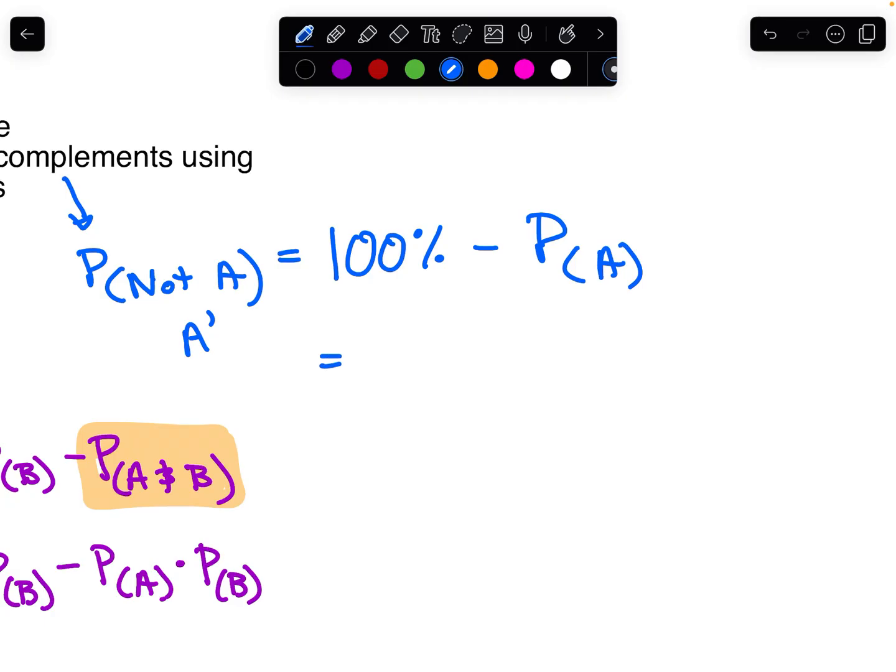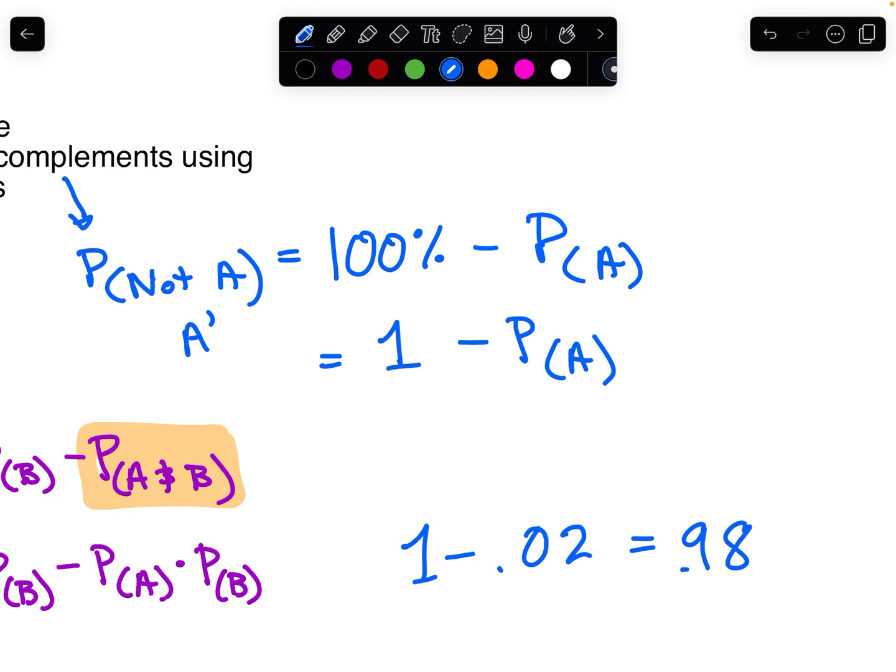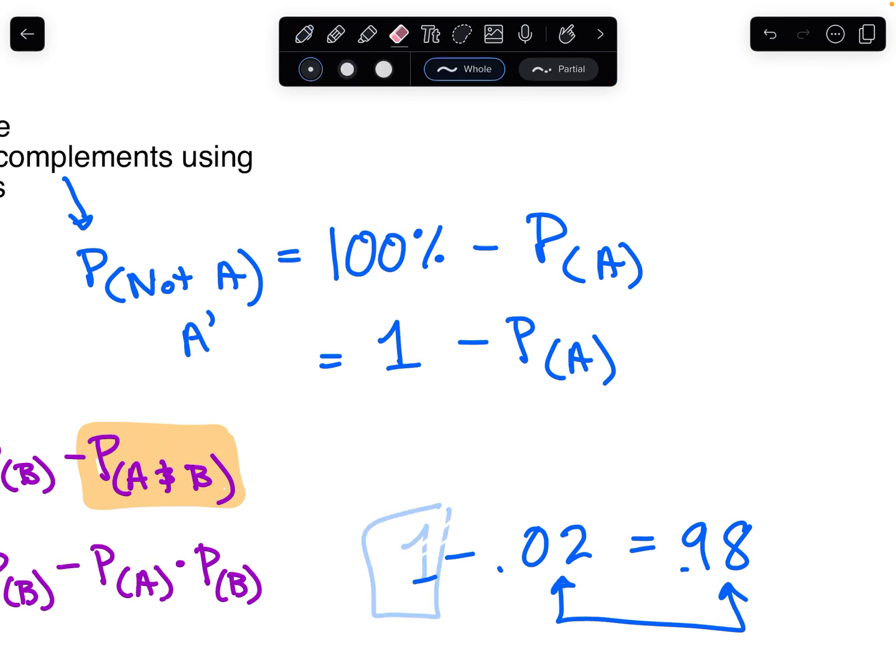If you're using a decimal or a fraction, you'd use the number 1 and then subtract the probability of something actually happening. For example, if the probability of it raining is 2%, then the probability of it not raining is 1 minus 2%, or 98%. They are complementing each other. They add up to a number we care about, which is 1.